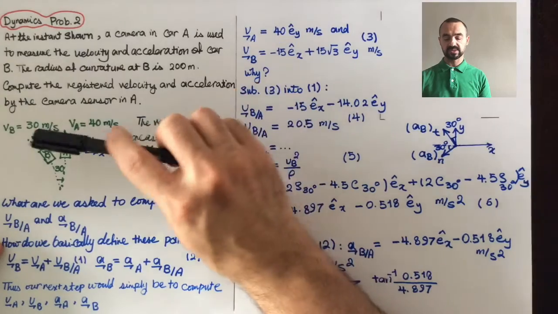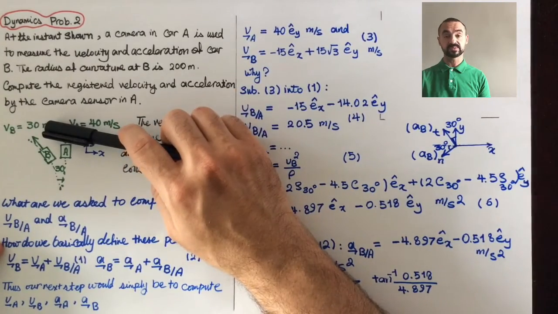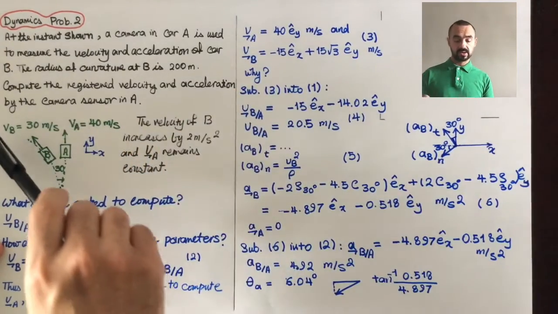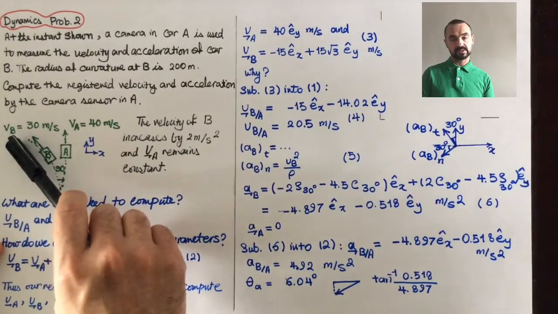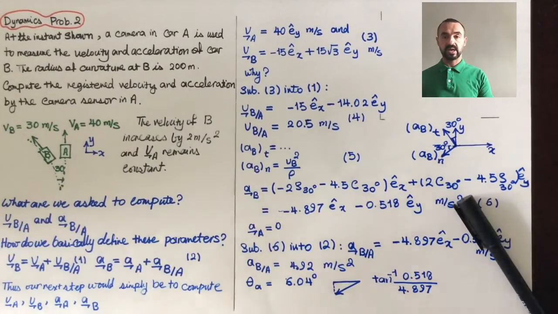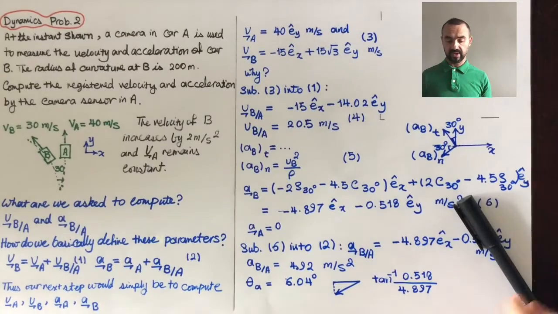Velocity of A is 40 meters per second, B is 30 meters per second, and look, there is no vector sign, so we essentially have the magnitudes of the velocities of both A and B.